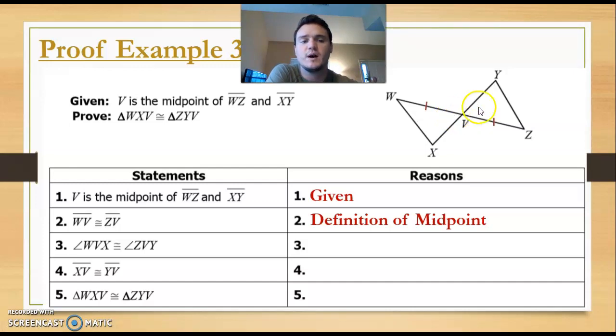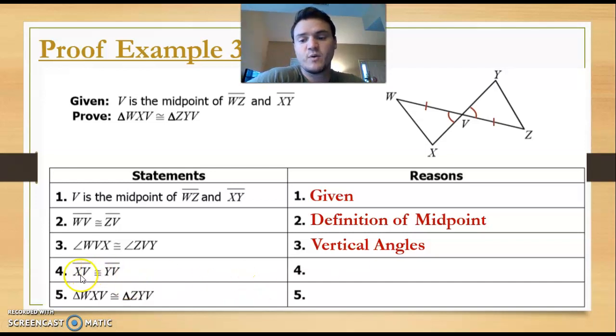So ZVY is this angle. So they're saying that these two angles across from each other are congruent. We know that when two lines intersect, the angles across from each other are always going to be congruent because those are vertical angles. So that would be our reasoning here. We know that these angles are congruent because they're vertical angles.